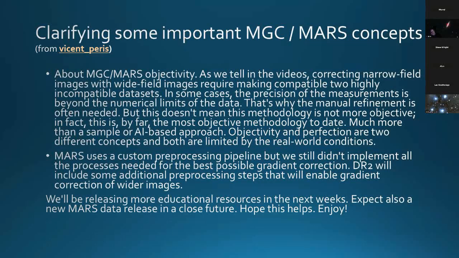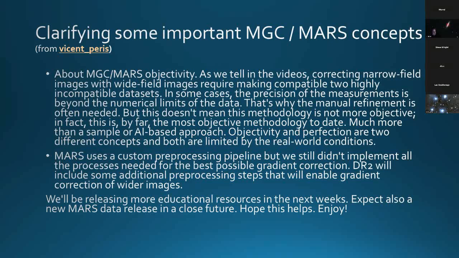A side effect of that is if you yourself have a narrow field image and a wide field image, and the wide field image you've already corrected, you can use that as your base image to correct your other, more zoomed in image. If it's already been well corrected for the gradient, it'll base it off of that instead of going to their database. It'll use your own image to take the gradient off the other one.